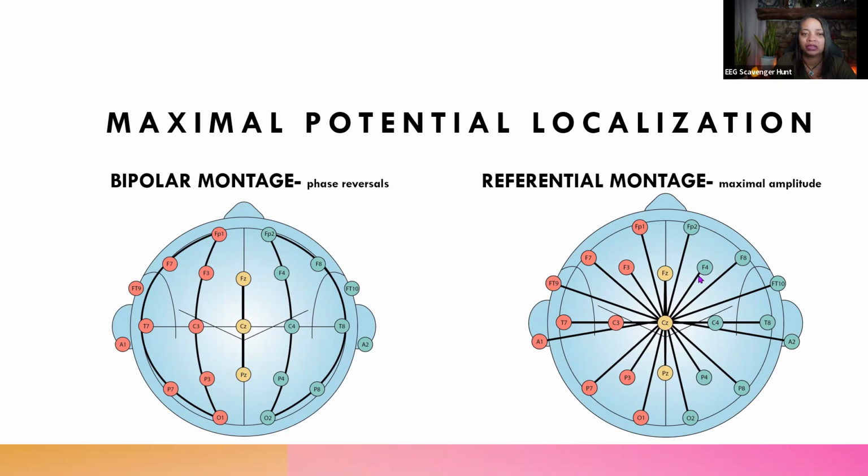But this is just for illustrative purposes. You can reference to any electrode that you choose. One of my favorites is reference average, where one electrode's input is referenced to an average of all of the electrodes. When you're looking for maximum negativity on a referential montage, you're going to look for maximal amplitude.